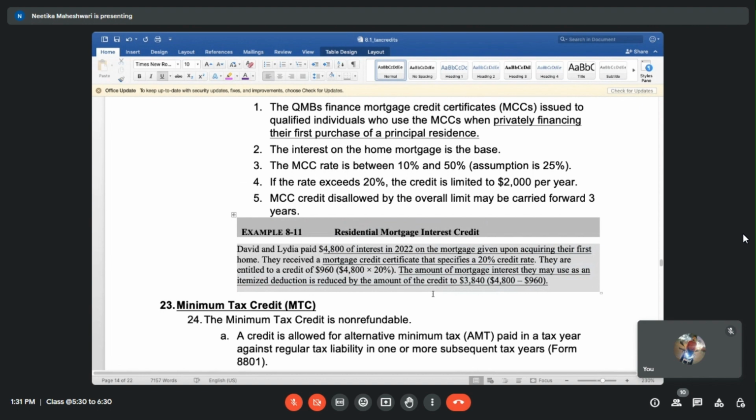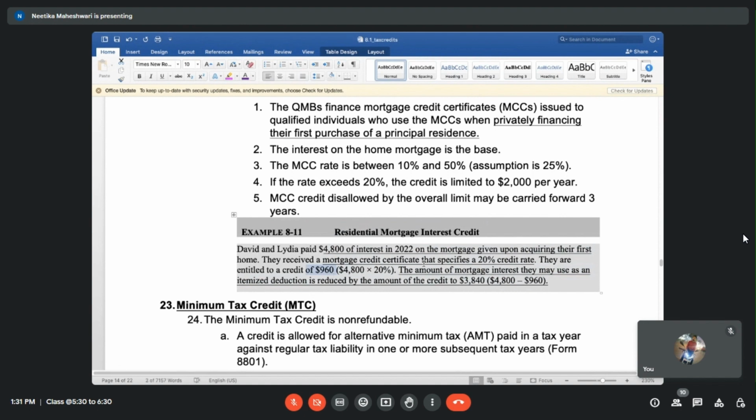So think of it that way. The mortgage credit certificate is given to them at a 20% rate. That means they can take 20% credit on the total mortgage interest paid by the taxpayer. But obviously, if they are taking 20% credit, then they're already taking advantage of this amount.